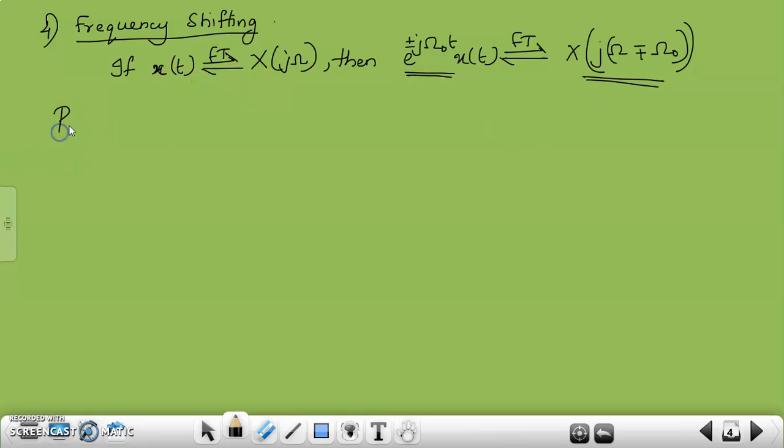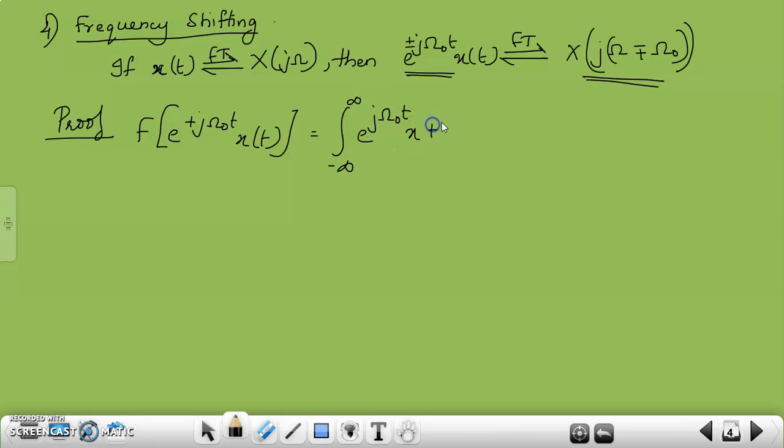Here also you can prove the property by starting from LHS. So I am taking the LHS, that means the Fourier transform of e raised to plus j omega naught t x of t. I am considering the positive sign. This is equal to integral minus infinity to infinity e raised to j omega naught t x of t into e raised to minus j omega t dt.